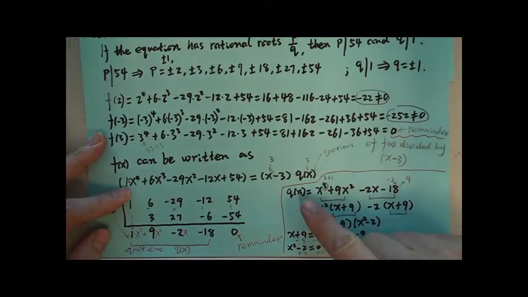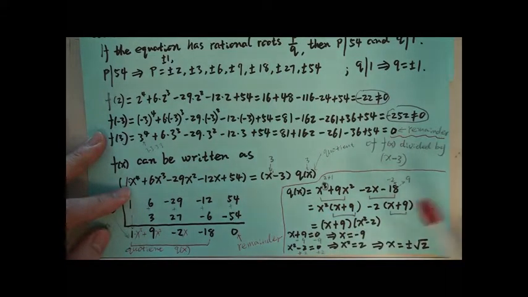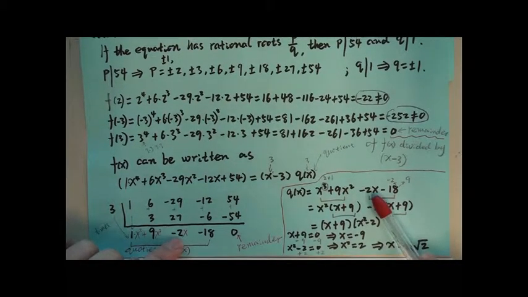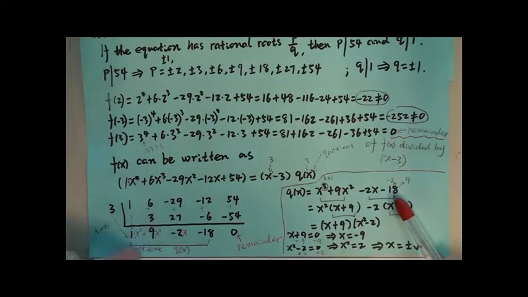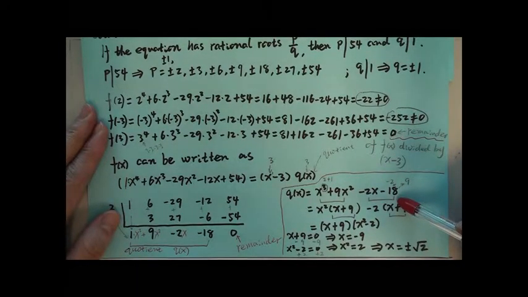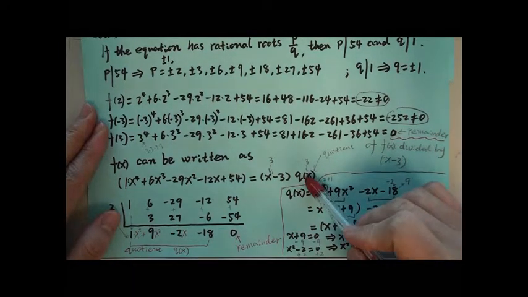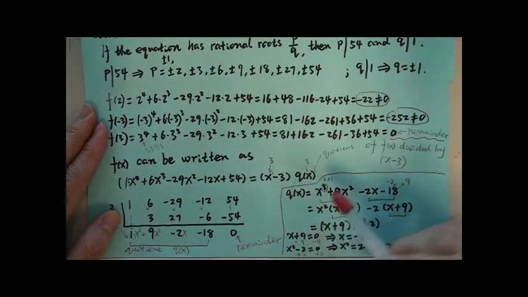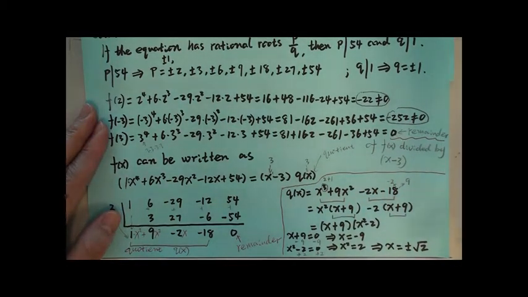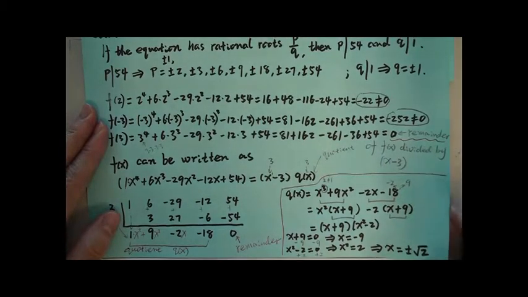Alright, so you have q of x now. Q of x is x cubed plus 9x squared minus 2x minus 18. After you get q of x, you actually have 2 ways. One way is similar to the one we did here.